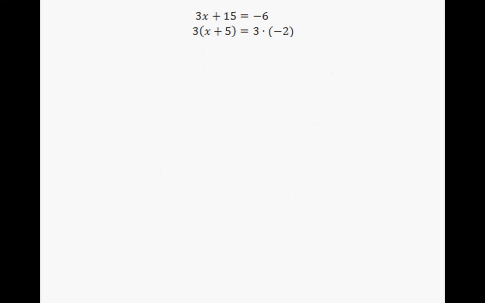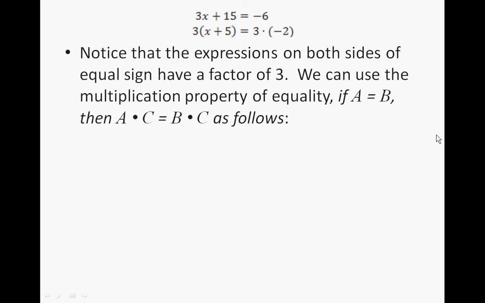So what you can do is factor out a 3 from each of these terms. So by using the distributive property, this becomes 3 times the quantity of x plus 5, and this becomes 3 times a negative 2. So notice that the expression on both sides of the equal sign has a factor of 3, and we can use our multiplication property of equality as follows.